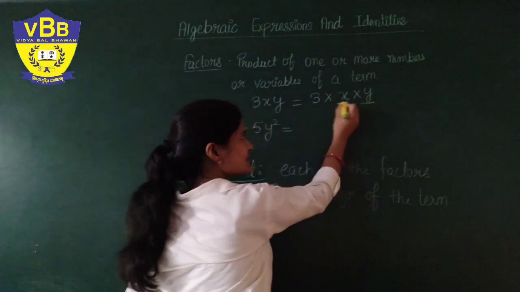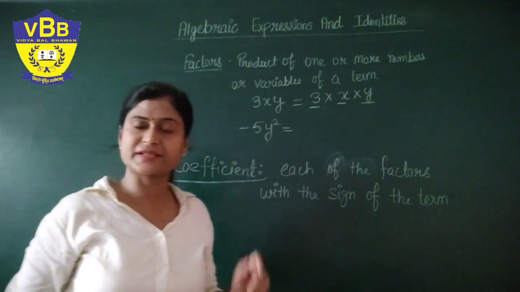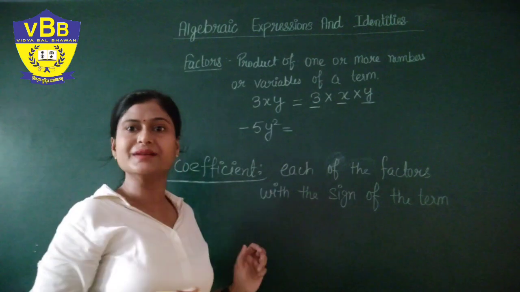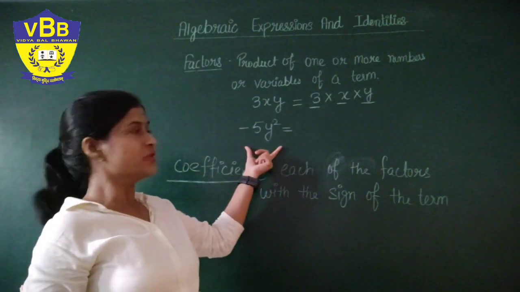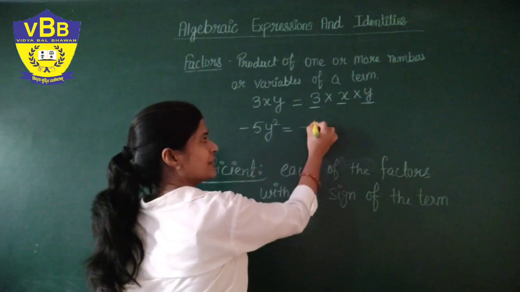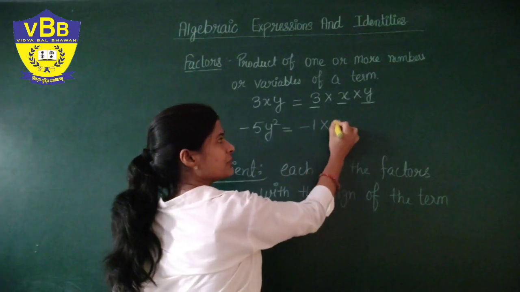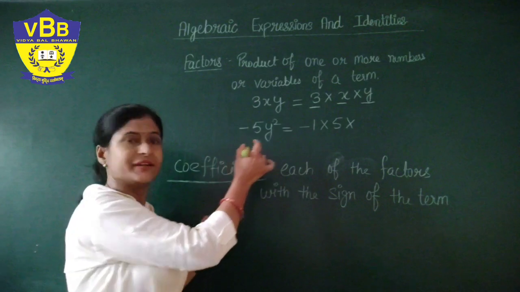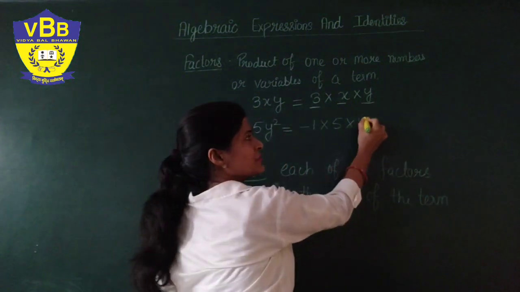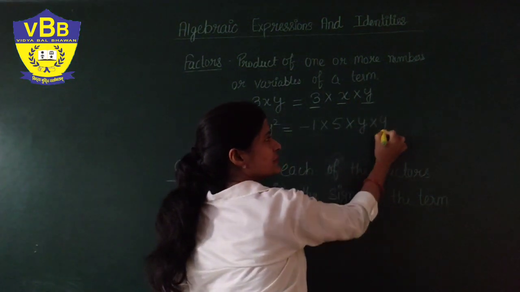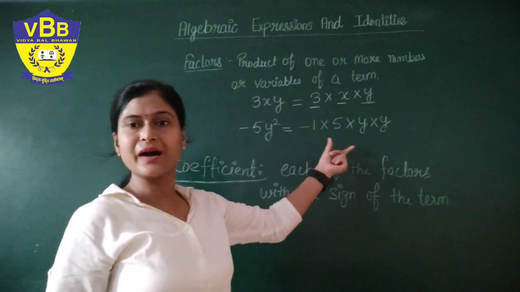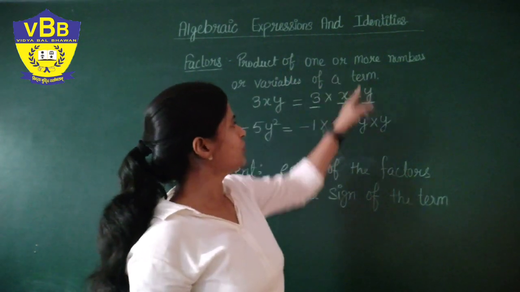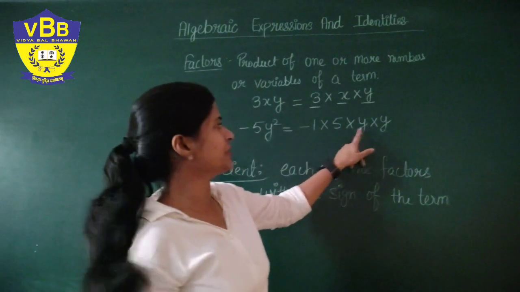All are factors. In a similar manner, if I am writing the factors of minus 5y square, this is a term. We will write it as minus 1 into 5 into y square, so we will write y into y. These all are called factors. This is the product of one or more numbers or variables.